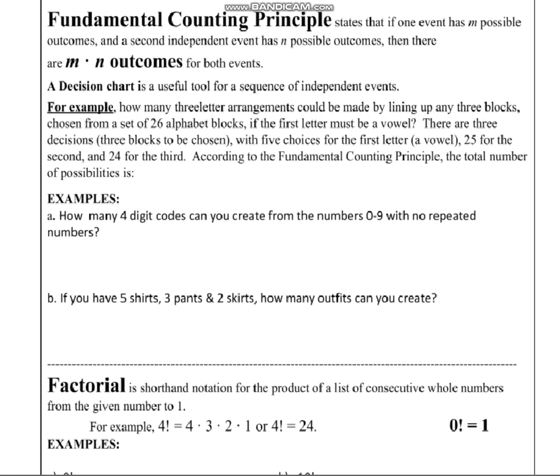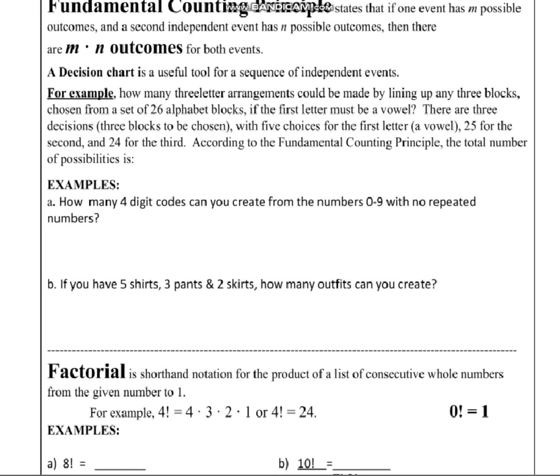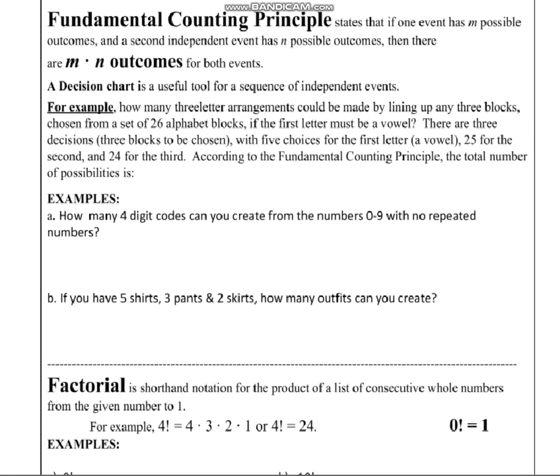All right, so if we know the first letter is a vowel, and there are 5 vowels, let's see here, add a little text box. If there are 5 vowels, then I'm going to put a 5. We can even put parentheses around 5, because we're going to be multiplying. And then 25 for the second, so there are 25 choices, and 24 choices for the third.